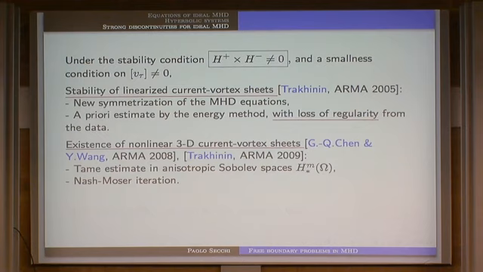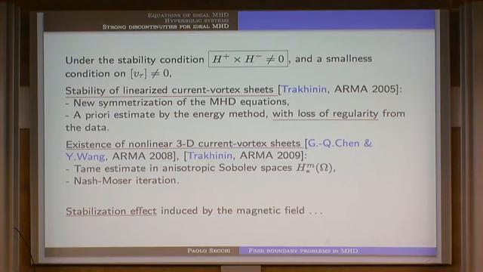The front here is characteristic. In fact, they had to consider the solution in an anisotropic Sobolev space with, roughly speaking, half normal regularity with respect to the tangential regularity. And because of the loss of regularity in the a priori estimate for the linearized equations, they proved the solution by a Nash-Moser iteration.